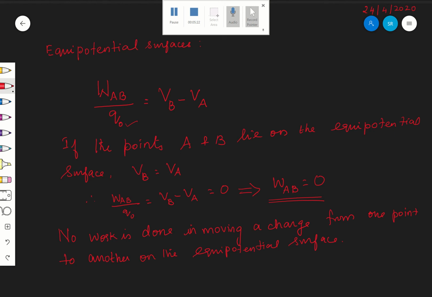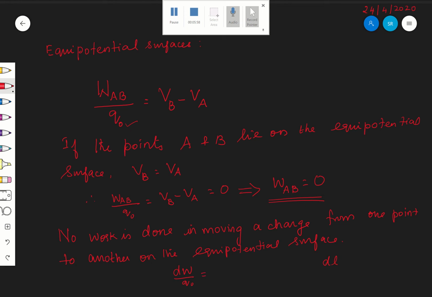Are you following? Therefore, if I want to move a test charge through a very small distance dl on an equipotential surface, what is the small amount of work done? The small work done per unit charge is dW by q naught, the work done in moving a unit positive charge.